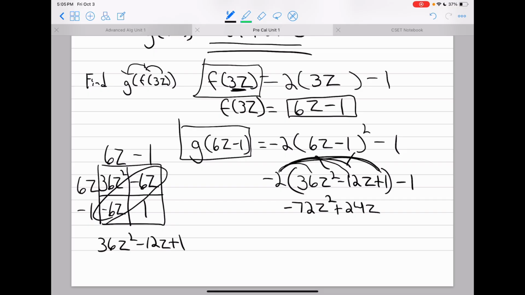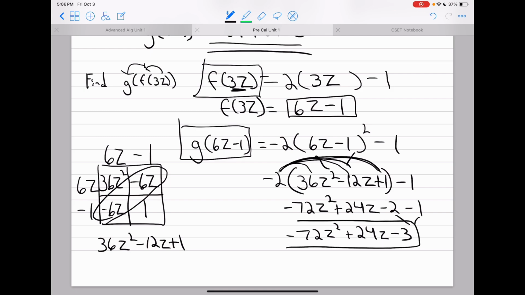And negative 2 times 1 is minus 2. And then we still have this minus 1. And finally, I see some like terms that I can put together. So I have negative 72z squared plus 24z minus 3. That is my final simplification.